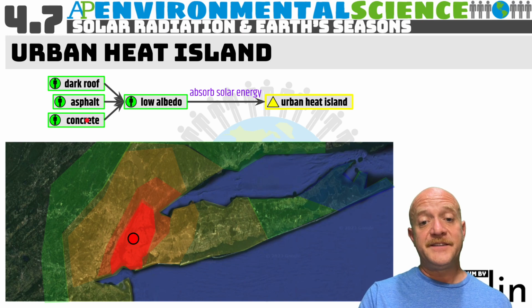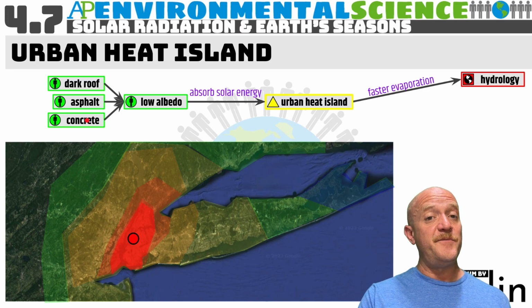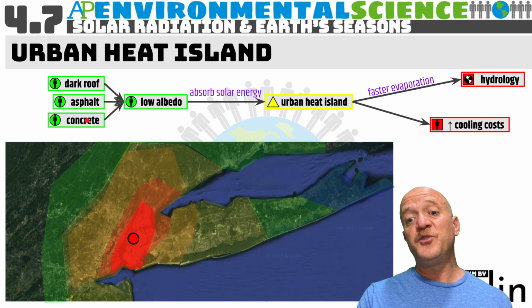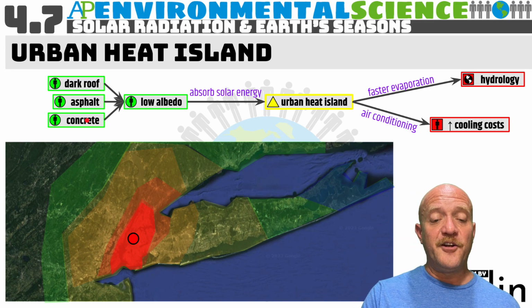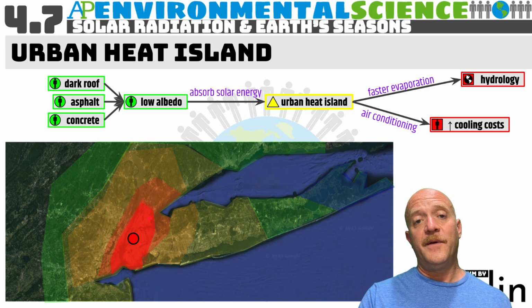These are all man-made surfaces. This is impacting the hydrology because you may have faster evaporation, but also it's increasing the costs of cooling because of the air conditioning. So again, an urban heat island like New York City is among the worst heat islands in the world. We also have Newark, which is out in New Jersey, also a very warm heat island as well.